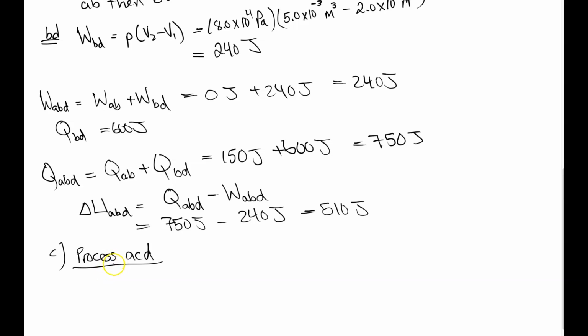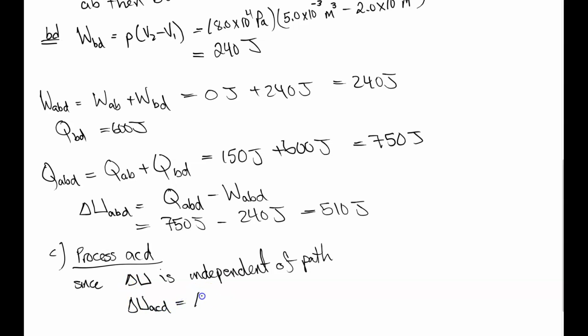If we look at the process ABD and ACD, we notice that the beginning and the ending are the same, and since delta U is independent of path, so we only care about beginning and ending, we know that the change in internal energy for ACD is going to equal the change in internal energy for ABD, which is 510 joules.